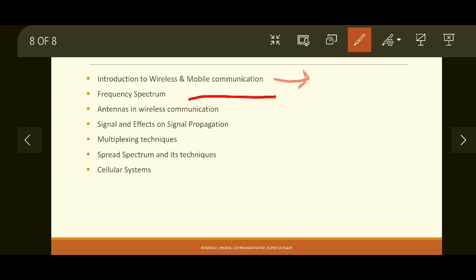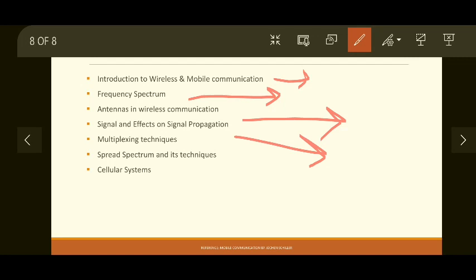Then the spectrum, the different bands used in wireless communication. Then the hardware required, that is antennas, and the types of antennas used in different wireless applications. Then signals: what a signal is, and the effects on signal propagation like fading, scattering and diffraction.